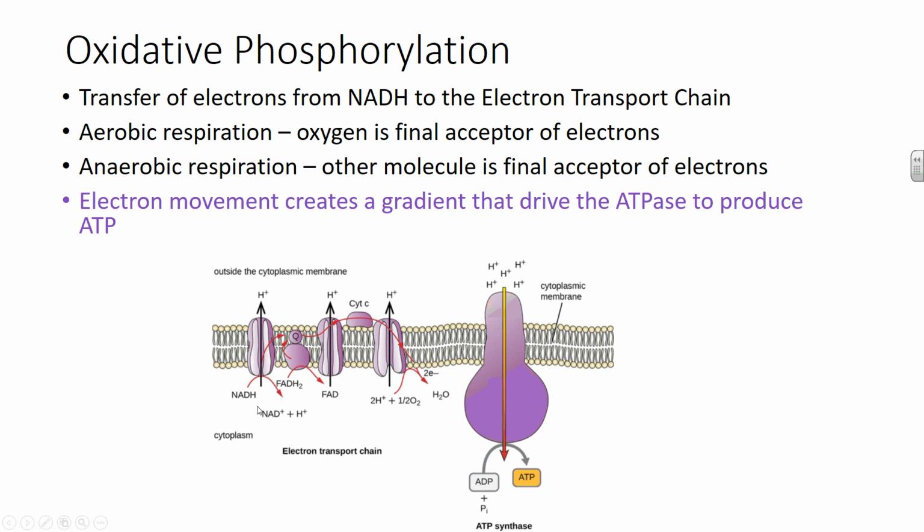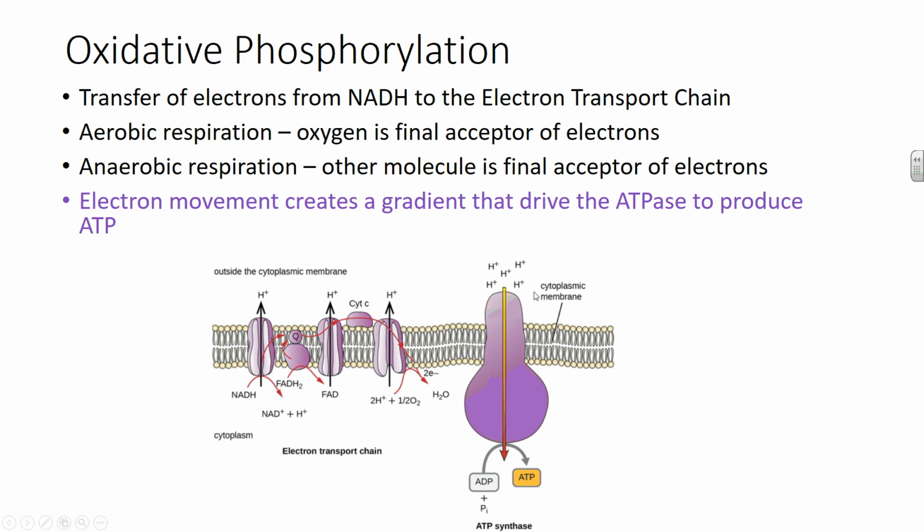If I use one of those little electron taxicabs, the NADH that has the electron, that NADH will donate its electron to the first protein. That electron then jumps. Every time the electron moves through these electron transport chain proteins, a proton, abbreviated here H+, those H pluses keep moving up.